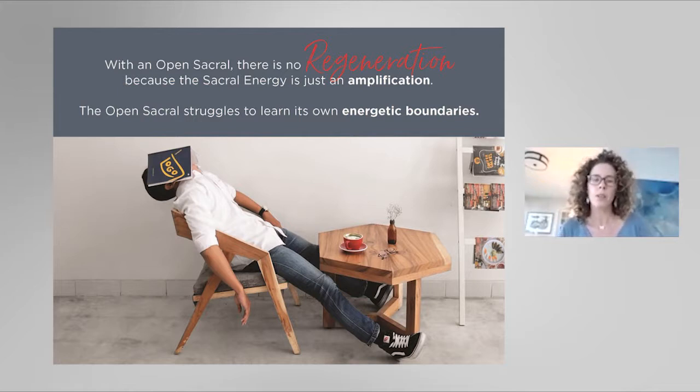So the trick with the sacral center is, for most of the world that have that center defined, they know when they've had enough. A generator, when they're tired after they've used their energy, they're just like, oh, I'm on the couch, I'm done.